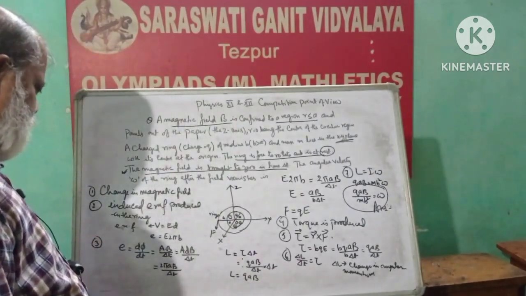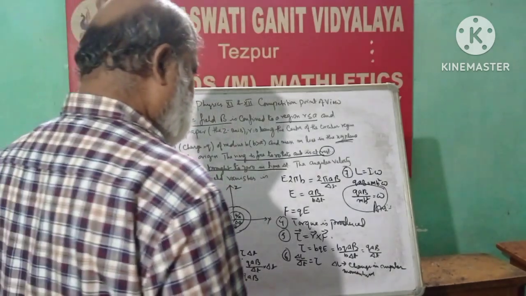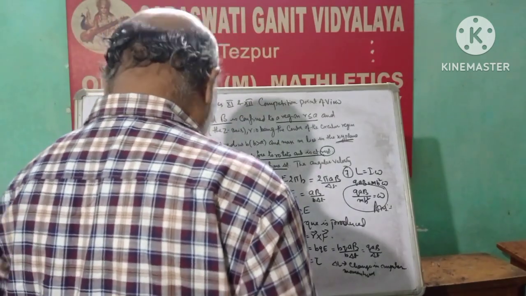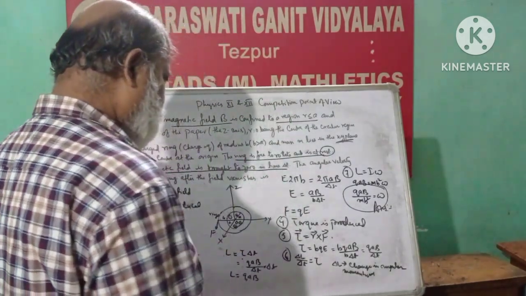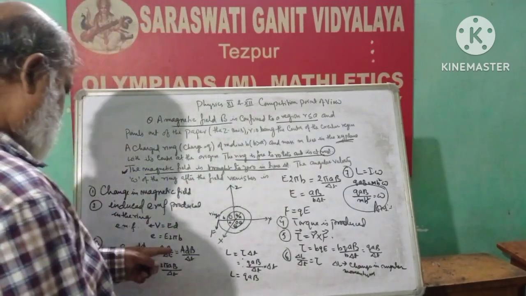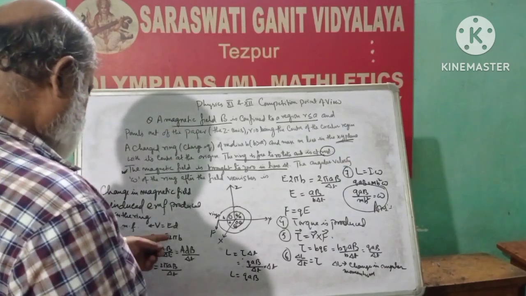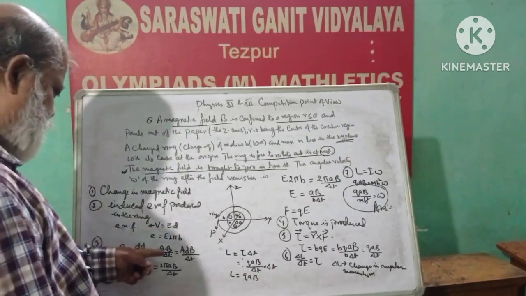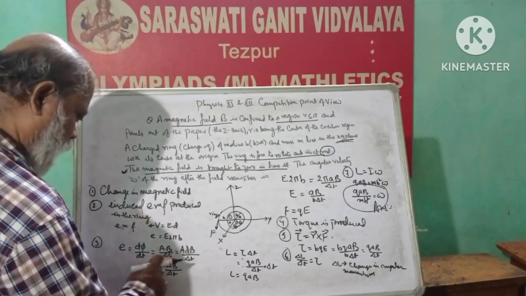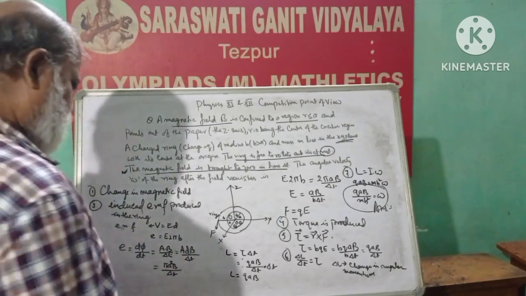So let me check again the whole thing, if there is anything wrong, because here the upload is going on. First of all, let me see if there is anything wrong here. The area of this, here area, this is pi a square, the area of the magnetic field.